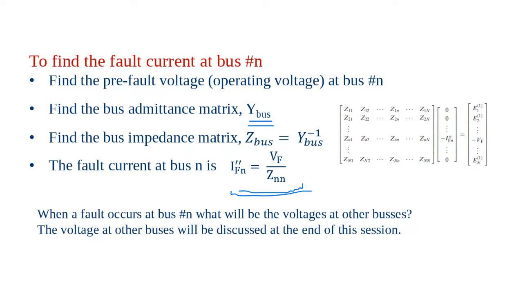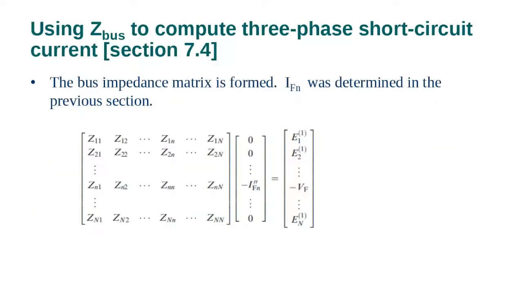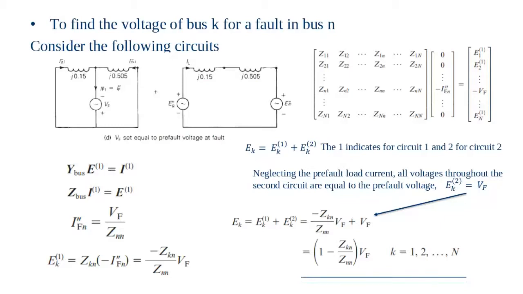Just matrix inversion, and then we found this one. We are interested not in Z12 but in the bus itself: ZNN, Z11, Z12, Z13, etc. Now we can find the fault current.